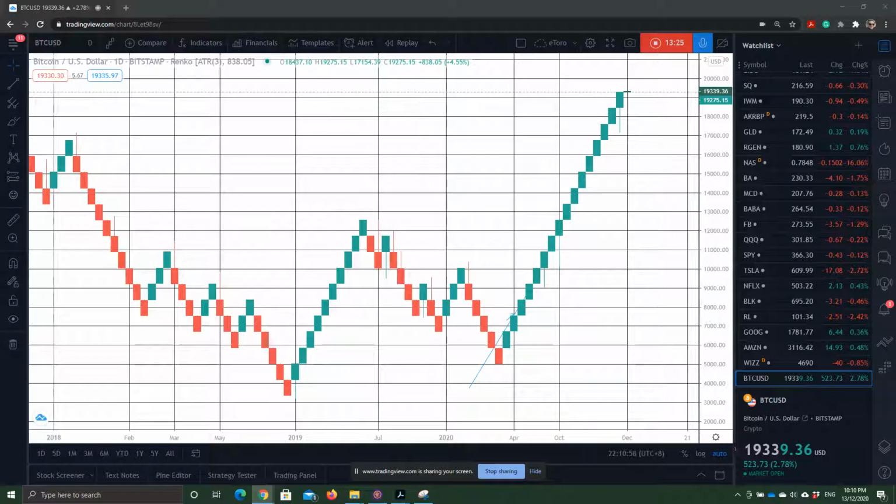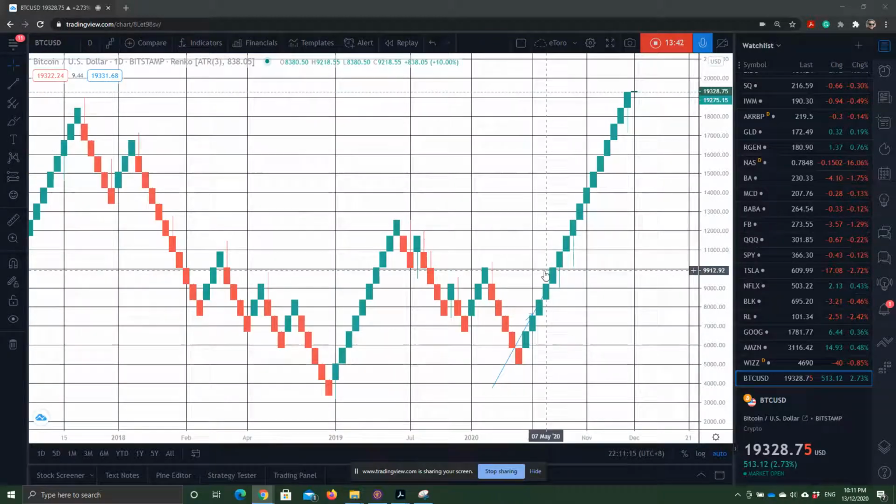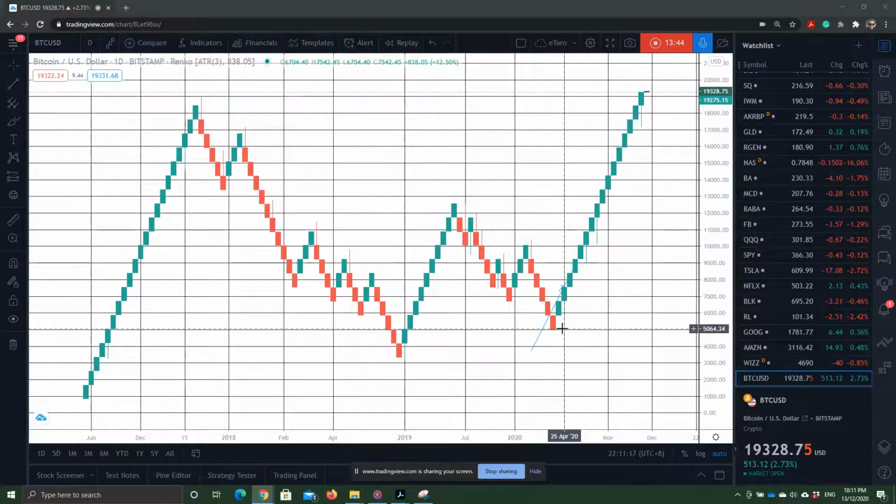Some key features of Renko charts is that Renko charts, as I said, are composed of bricks that are created at an angle depending on the brick size. On some platforms, you can see they even draw those at 45 degrees, but here a bit more.